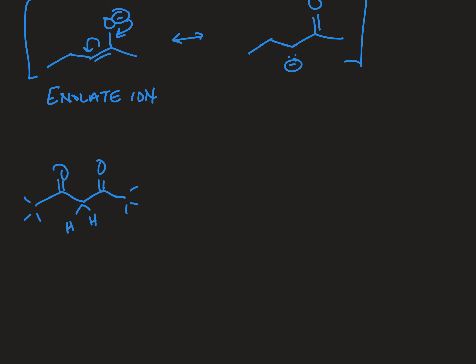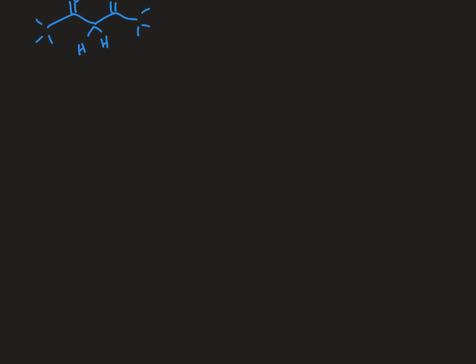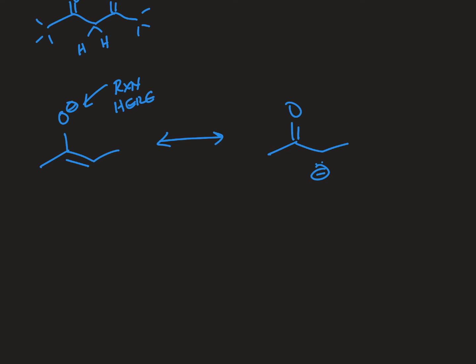We also have two reaction sites on any given enolate. So here's an enolate ion. Here's its resonance structure. So when we have the negative charge on the oxygen, the reaction is going to occur at that location. We can also have the reaction occur at the carbon.